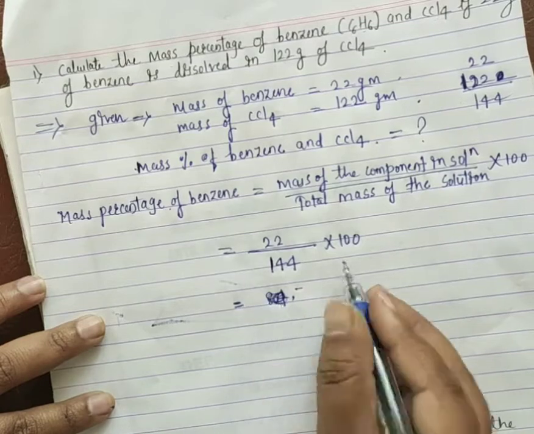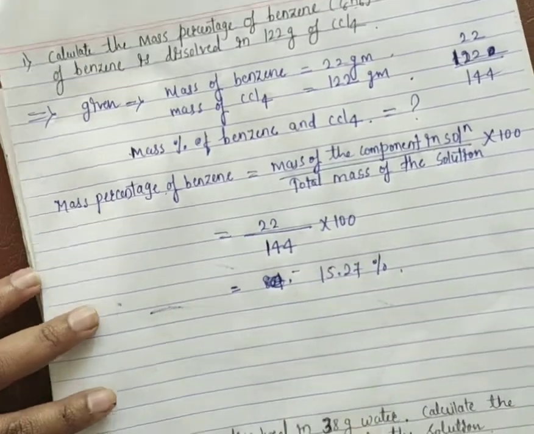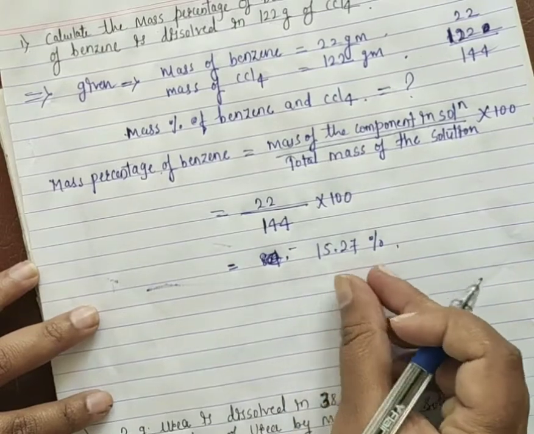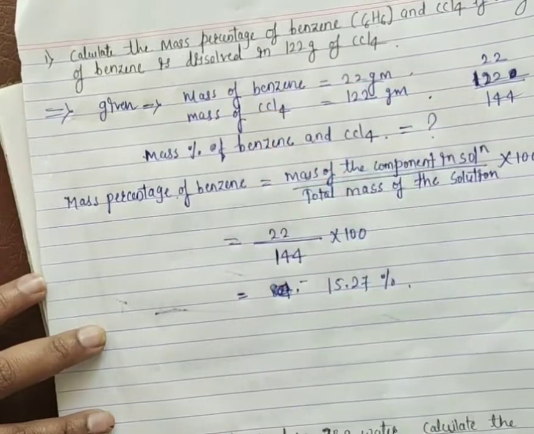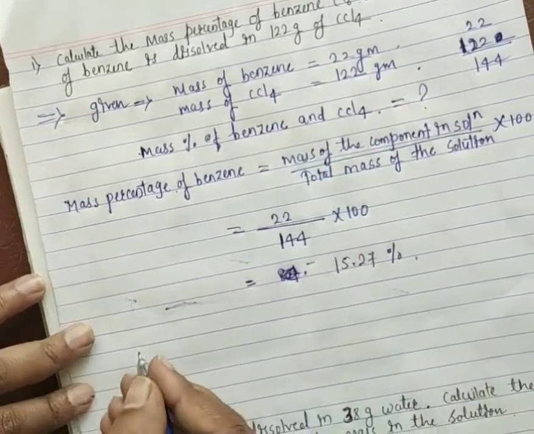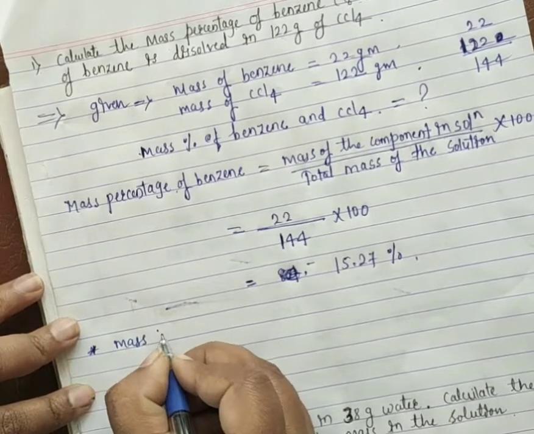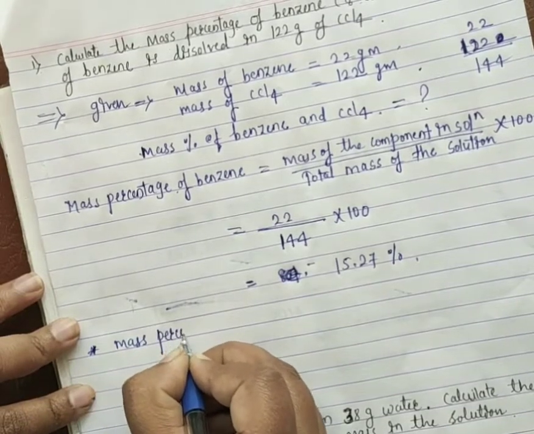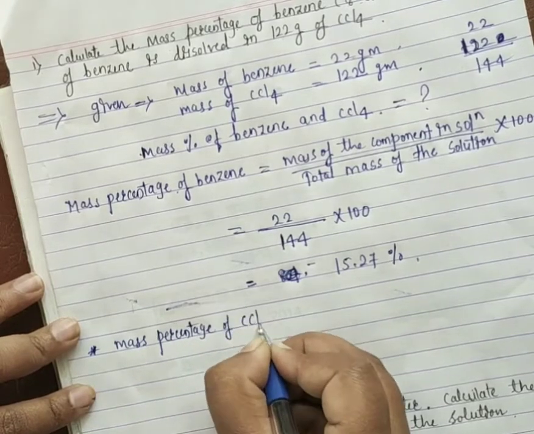I am getting here 15.27%, that is the mass percentage of benzene. Now in the same way, you have to find here the mass percentage of CCl4.